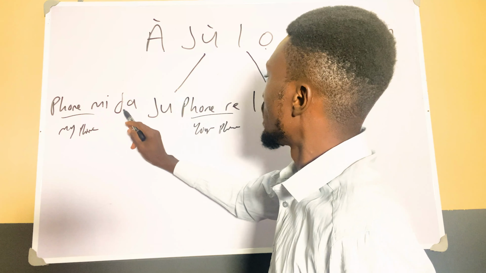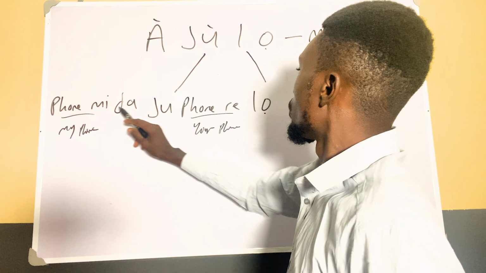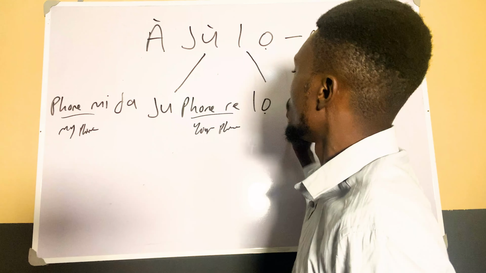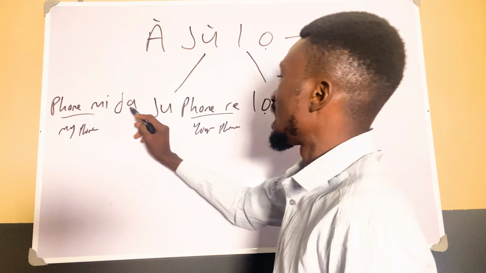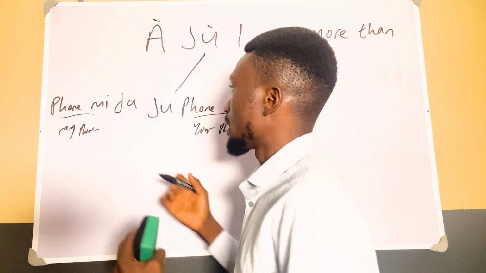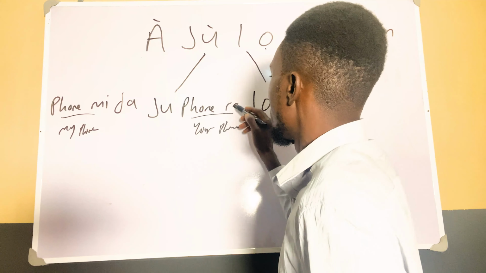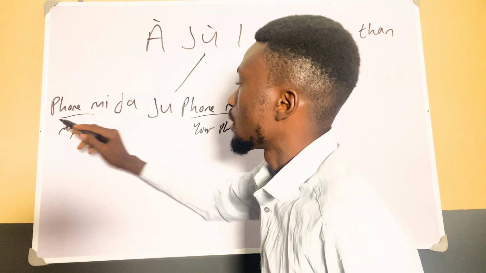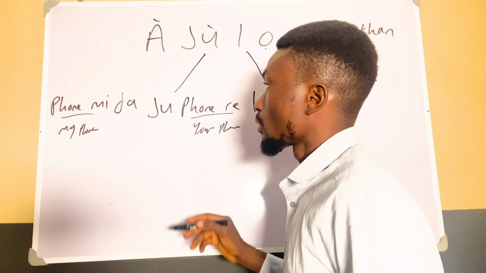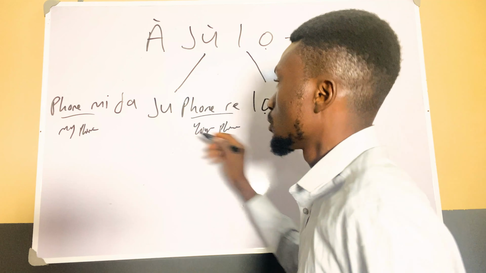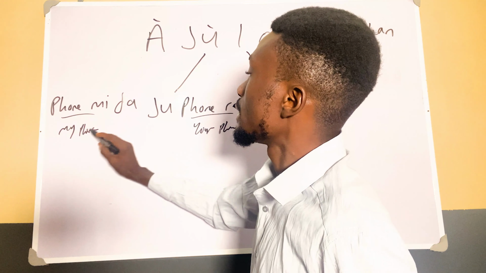Instead of mo dáa ju ẹ lọ, phone mi dáa, my phone is good. Phone mi dáa ju phone rẹ lọ. Rẹ is your, mi is mine here.